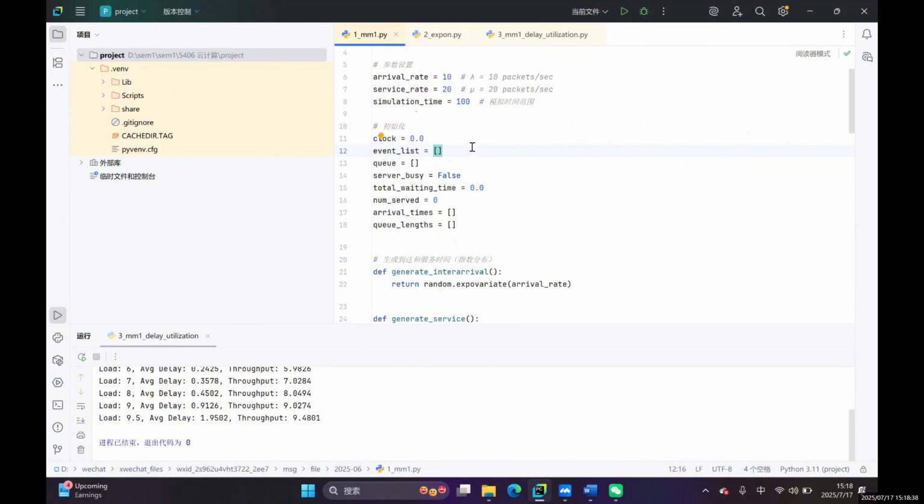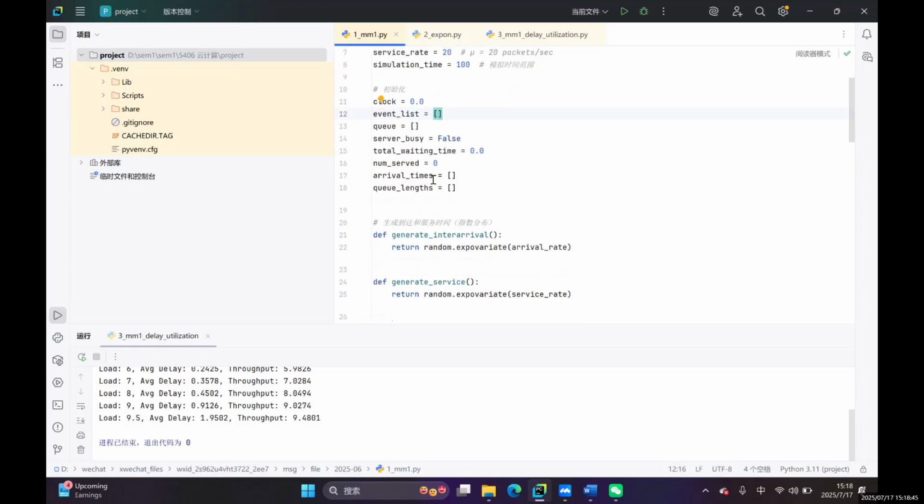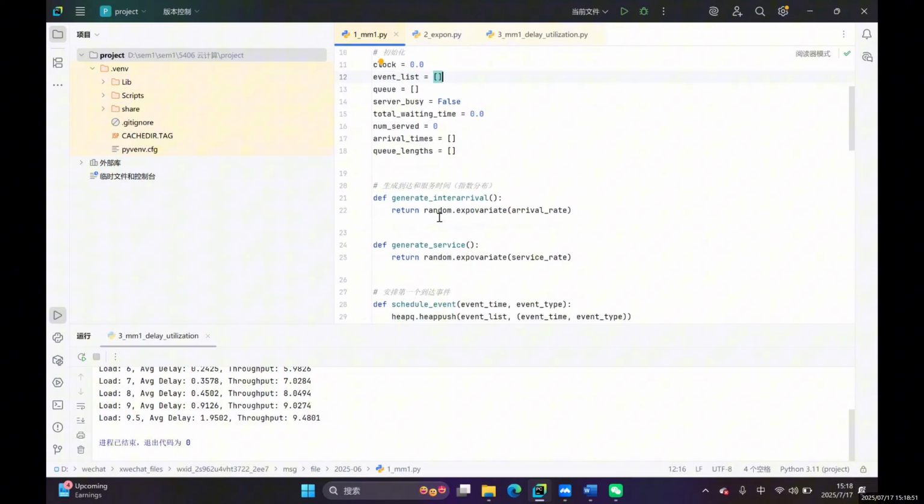And then I defined all the necessary variables here: the event list, the queue, the server status, total waiting time, and total number served. After that, I can use these numbers to calculate performance like throughput or delay.